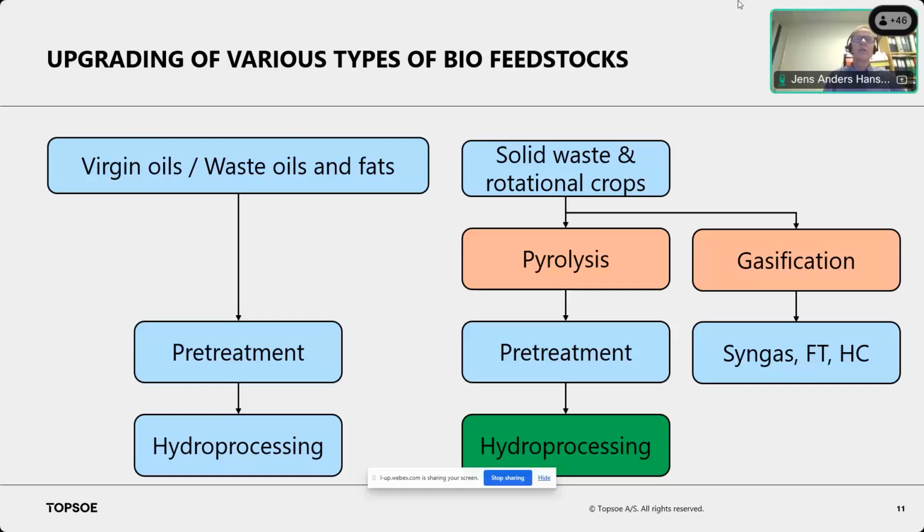You can gasify it, and then you can produce a syngas. You can do Fischer-Tropsch, and then you can do hydrocracking, and then you can produce jet fuel via that route, and that's allowed. That's within the ASTM specification. You can use jet from these sources and blend that with fossil jet, and you can fly on that.